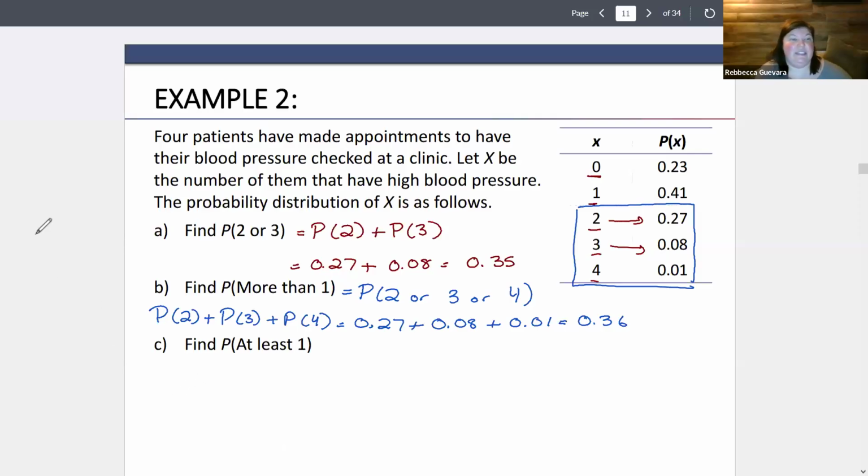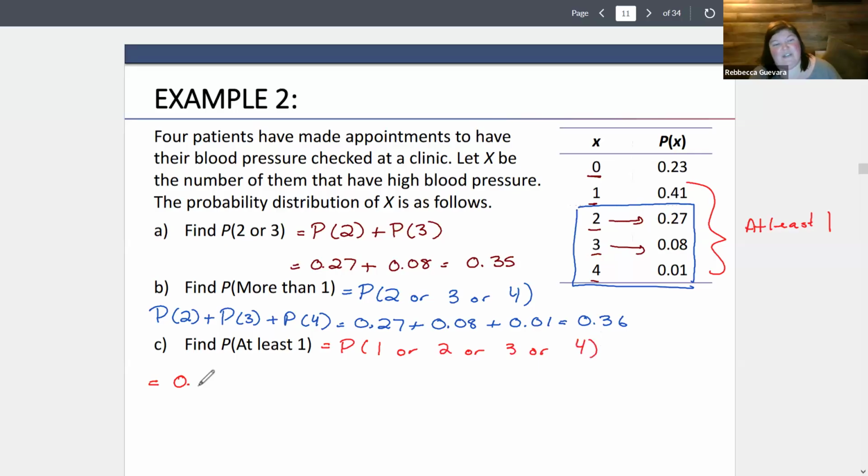And the last one is at least one. At least one means that at the low end, I expect one of them to have high blood pressure. So this is going to be my at least one. I'm going to have 1 or 2 or 3 or 4 of my patients with high blood pressure.